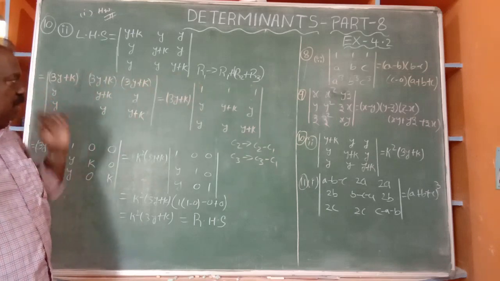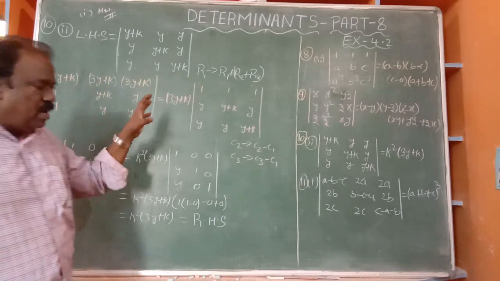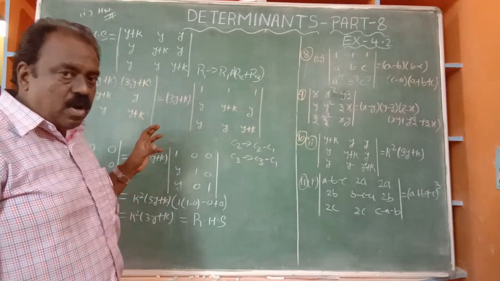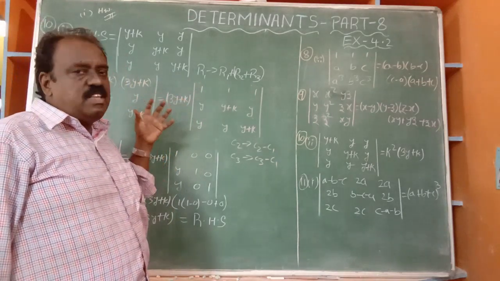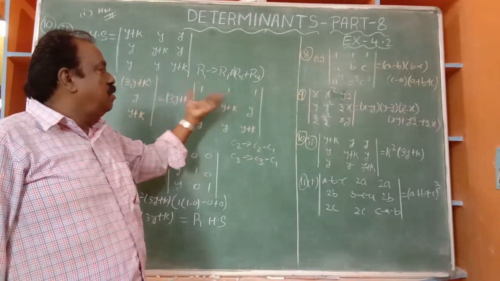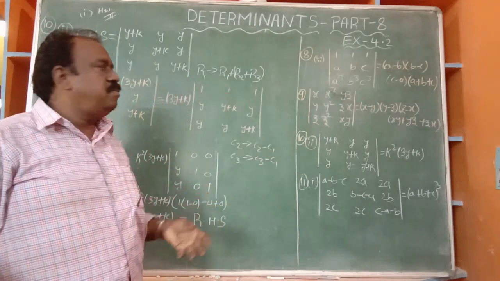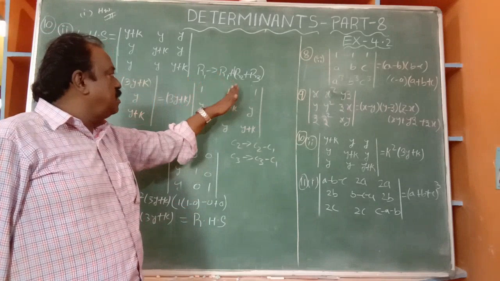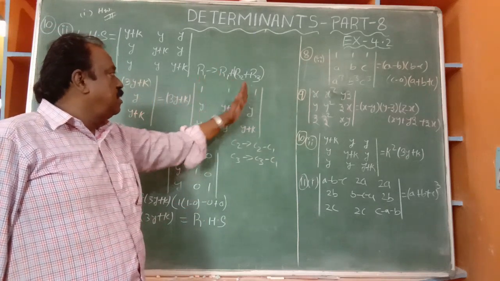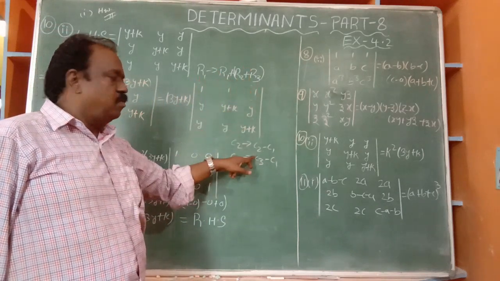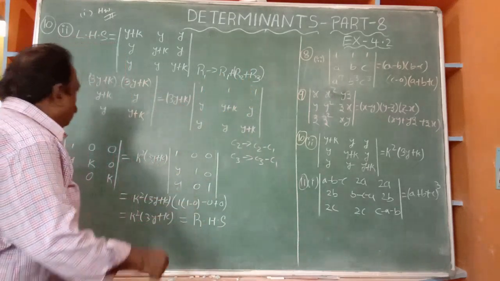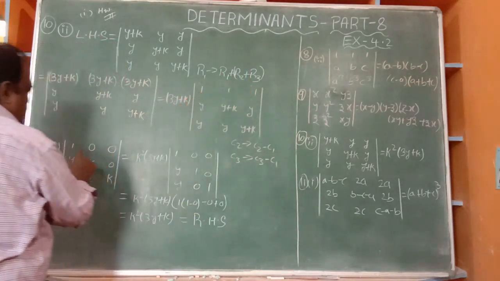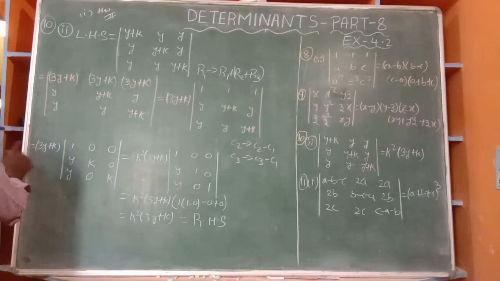Now, if 1 comes in any row or column, we may easily get 0. If 0 is there, the calculation is very easy. So column 2 minus column 1, column 3 minus column 1. The first column is as it is, the common is as it is.